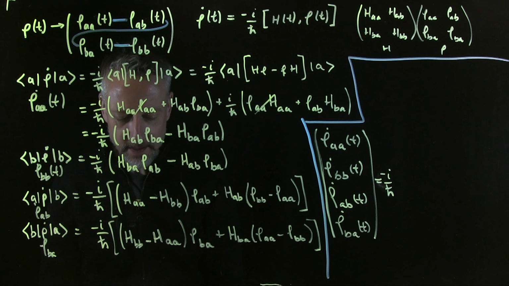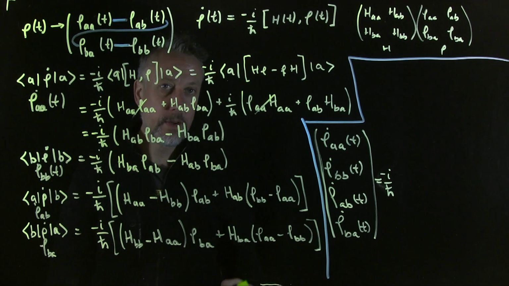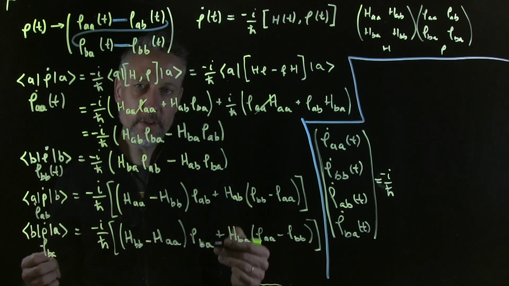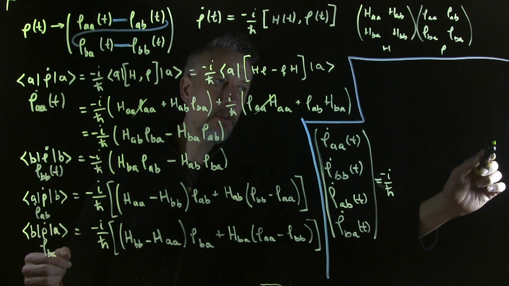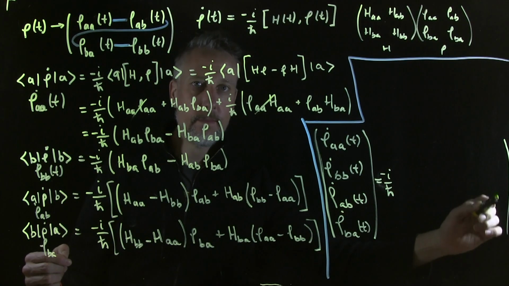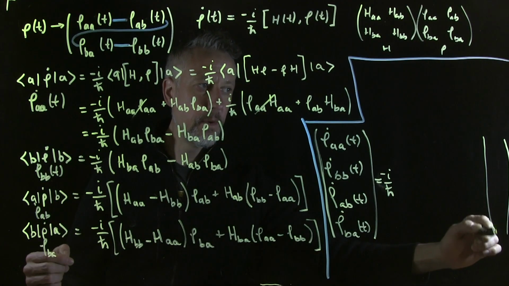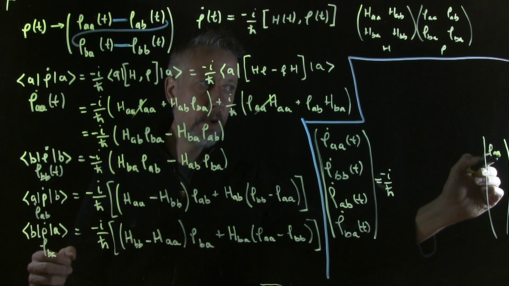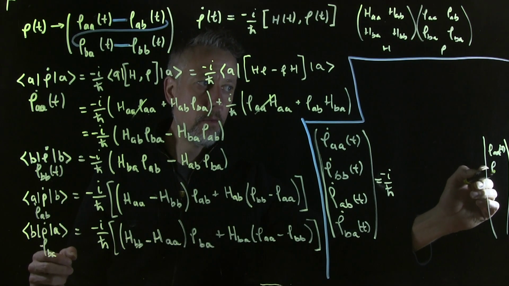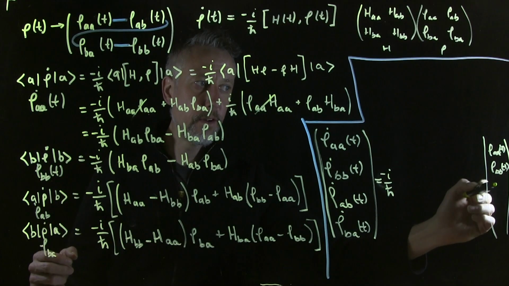It's been done by me, and I know it works. So I'm going to simply write the result. If you're interested in trying to figure it out for yourself, that's no problem. We know what the vector is going to be. Right? The vector is going to be these things without the dots. Rho AA of t, rho BB of t. This is what a normal differential equation looks like.